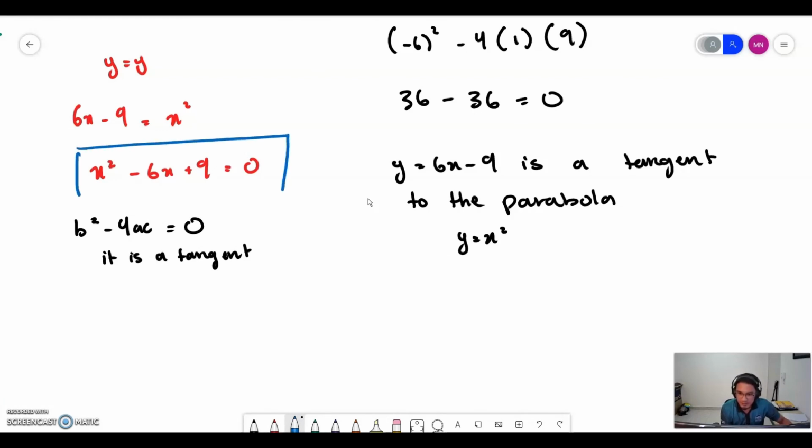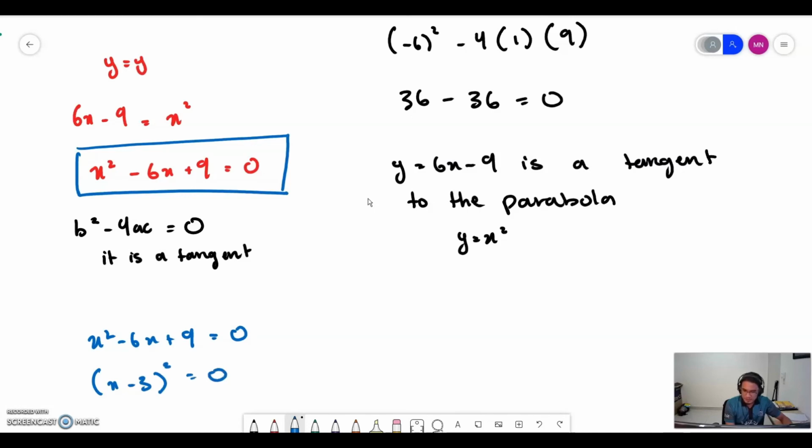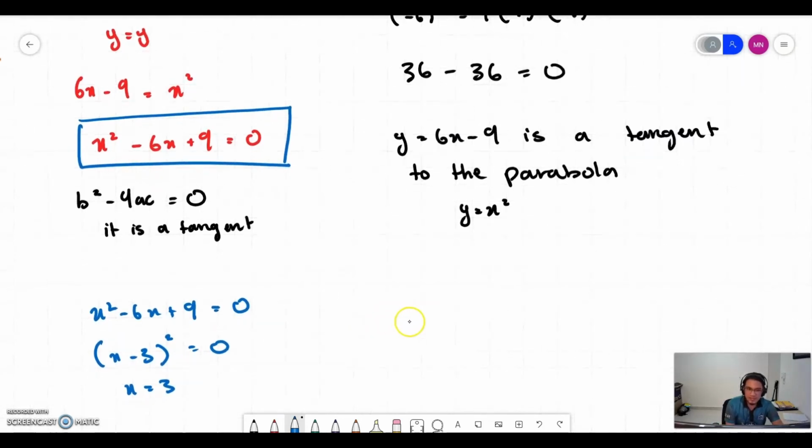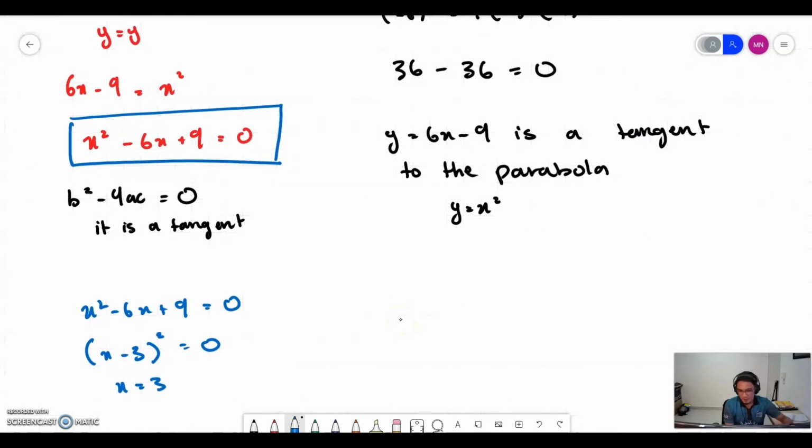Okay, so now since we want to identify the point where the tangent touches the parabola, we take the equation x squared minus 6x plus 9 equal to 0 and factorize it, making sure we only get one value for x. That will be the position of x where the tangent touches the parabola.